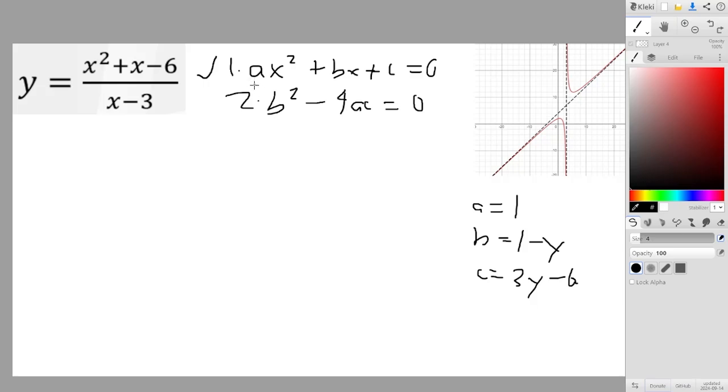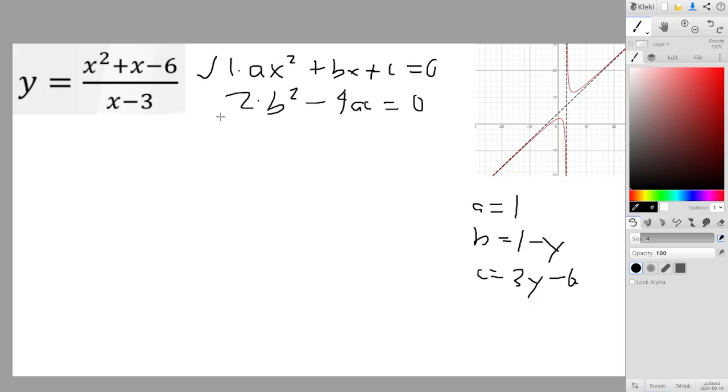And we can't really use an expression that is expressed with a variable of x, because again, the range represents y values. Notice as well over here that our expressions for a, b, and c are expressed in terms of y.